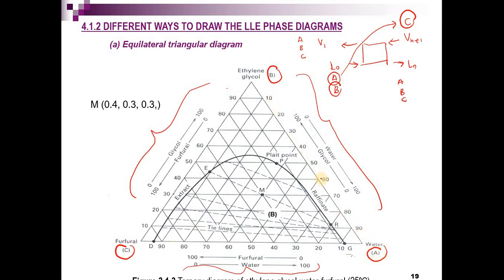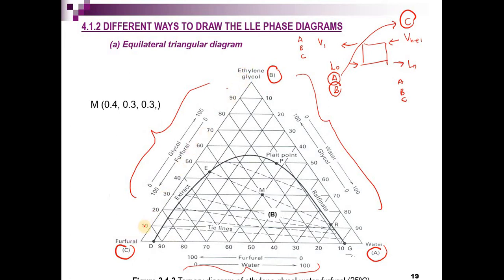So the increasing number here from 10 to 19, they put here water. So this is actually representing the water axis. For this side, 10 until 19, they put ethylene glycol.